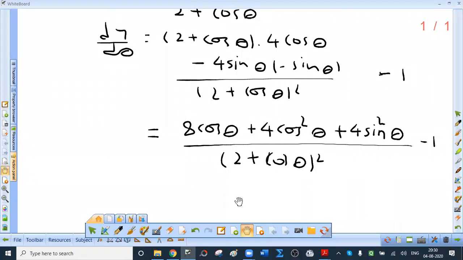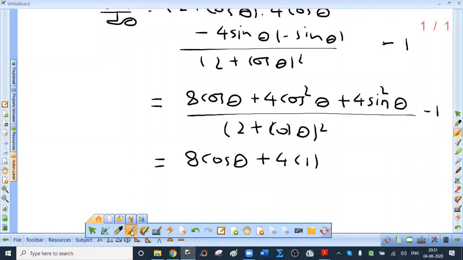I will not show that step; you have to write that in the exam. So this is 8 cos theta plus 4 into 1. Why 1? Because if you take 4 common, you get cos square plus sin square, which is nothing but 1. Now, denominator as it is, 2 plus cos theta bracket square, again minus 1.